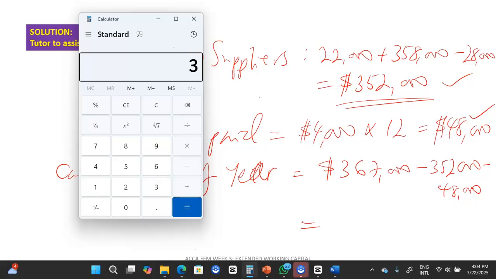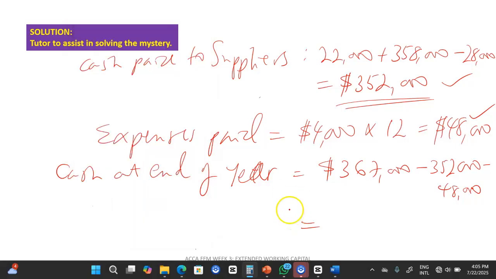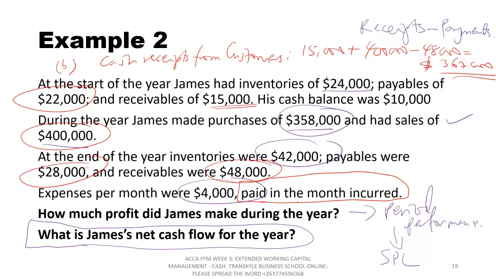We're saying 367 minus 352 minus 48. That's 33,000. Okay, let's recheck. Is that 367 or 357?